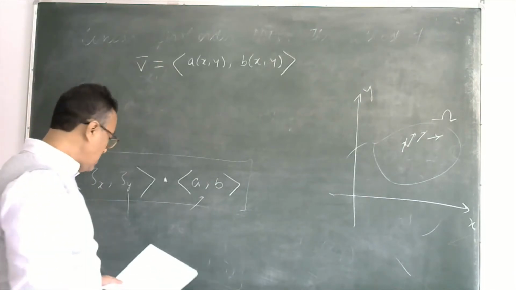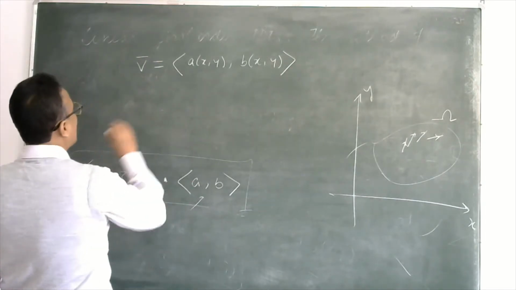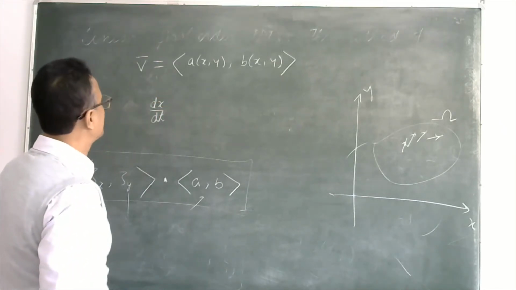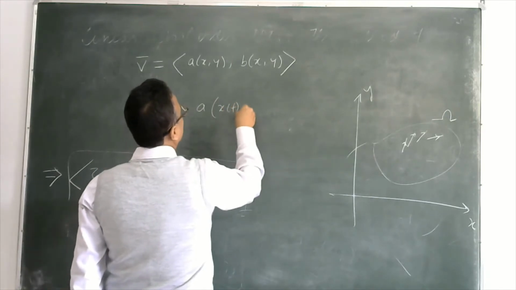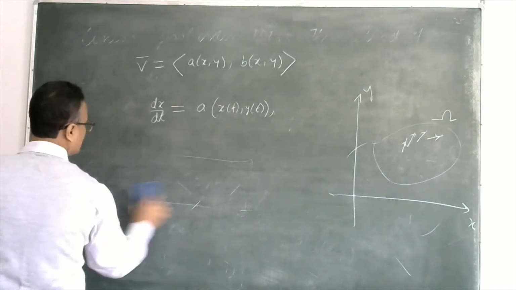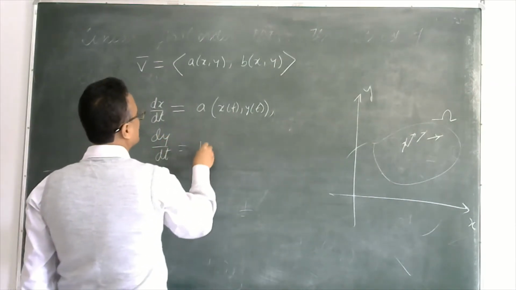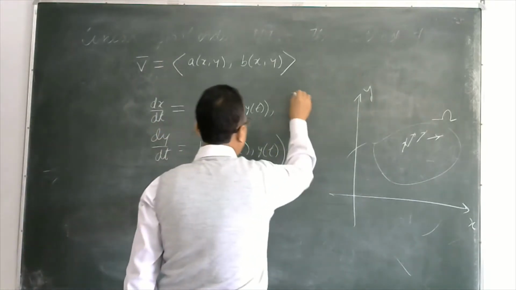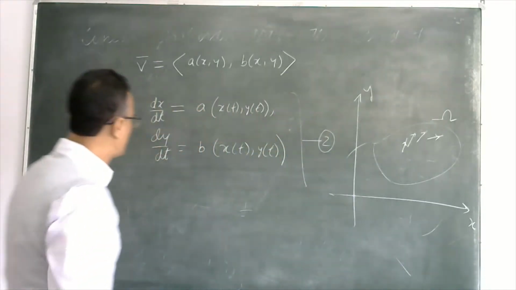Now, suppose I introduce a system of equations given by dx/dt equal to a(x(t),y(t)) and dy/dt equal to b(x(t),y(t)). Suppose I call these two equations 2.